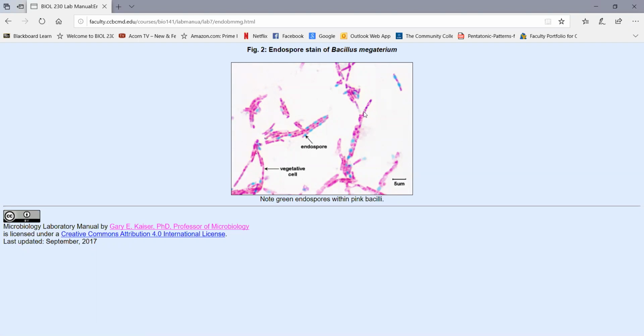The red is of the vegetative cells due to the dye safranin. So we see this as a streptobacillus, and each bacillus eventually makes a single endospore. Here's a nice little chain of 2 where we see each bacillus has produced a single endospore. Once the endospore is completely formed, the vegetative cell is degraded and the endospores are released.